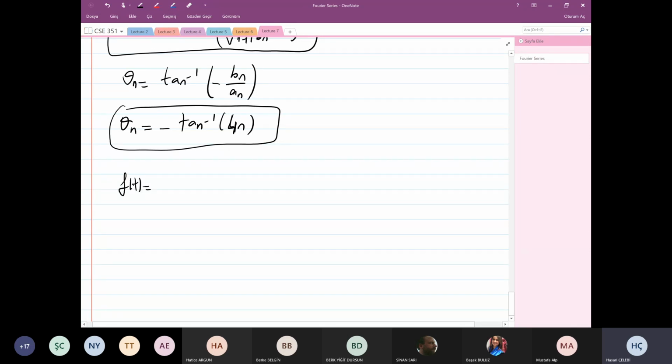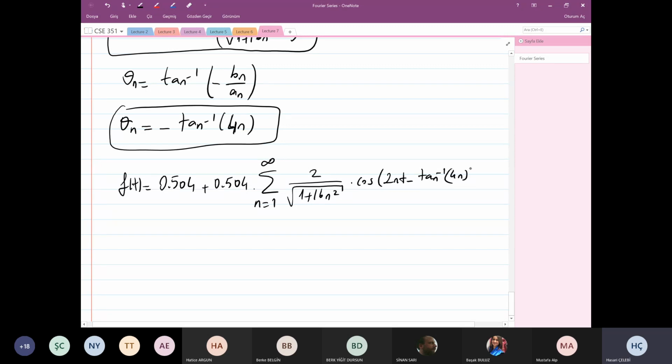F of t is equal to 0.504 plus again 0.504 times the sum from n equals 1 to infinity of 2 over the square root of 1 plus 16n squared times cosine of 2nt minus arctangent 4n.